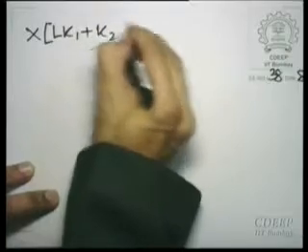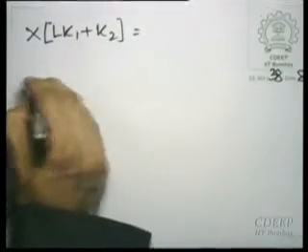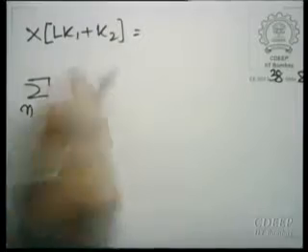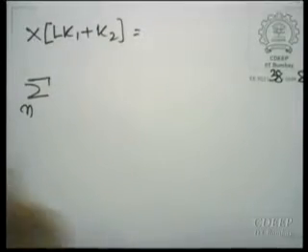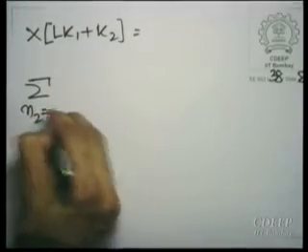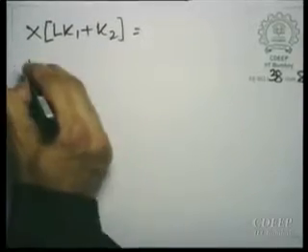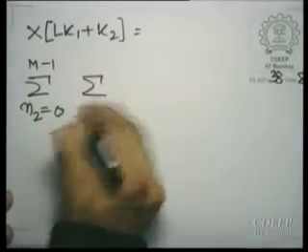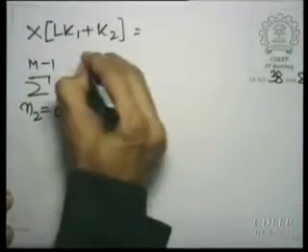Now with this, we write down the discrete Fourier transform once again. So we write x of L k1 plus k2 is summation n2 going from 0 to M minus 1, summation n1 going from 0 to L minus 1.